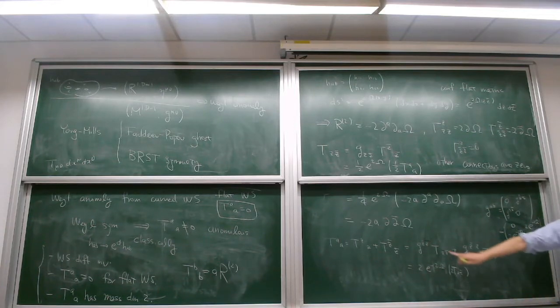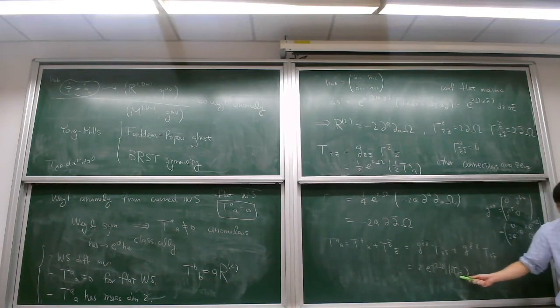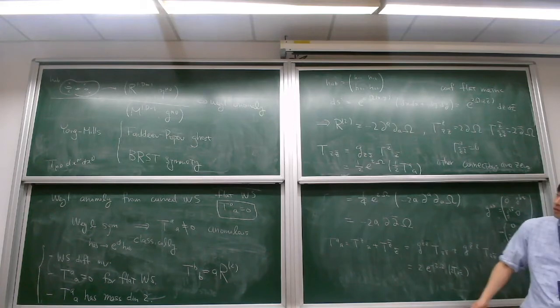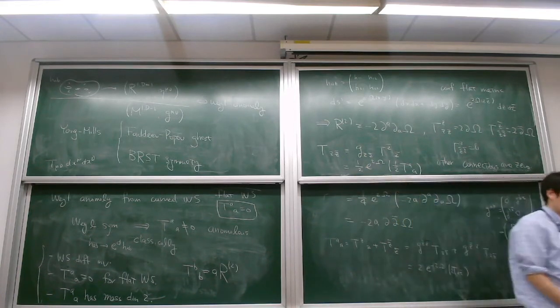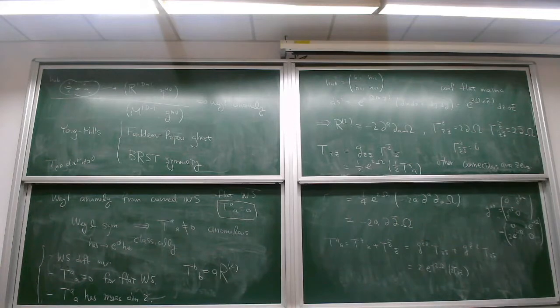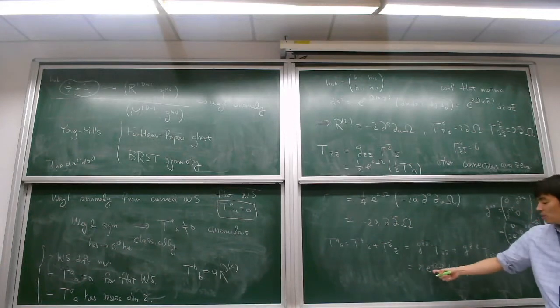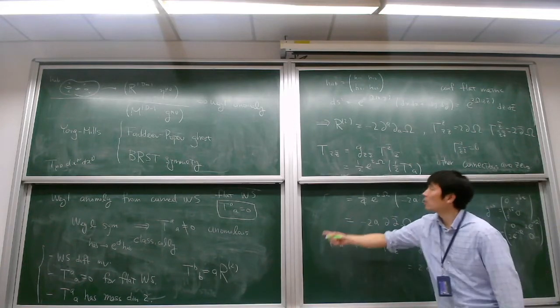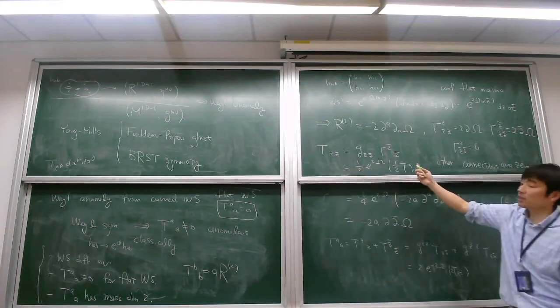So the dz-bar z component is this one, and you have two copies of T_ZZ-bar, and you get this. You just bring 4 times e to the minus 2 omega here, and you have T_ZZ-bar equal to this quantity.